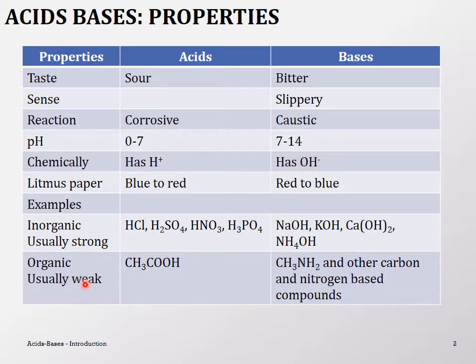Organic acids are usually considered to be weaker than the mineral acids. Although there are some organic acids which are as strong as mineral acids, we'll not get there yet. So generally we'll say that these are going to be weaker acids than mineral acids. So this acid is the most common one that you will encounter. It's called acetic acid. It's written a little bit differently in your GenChem books.